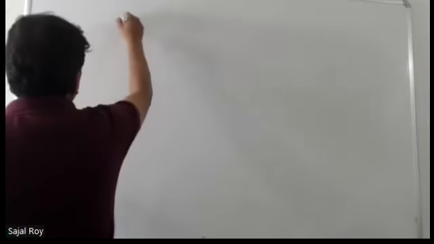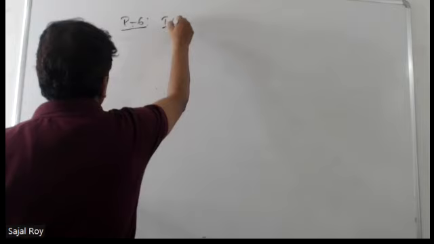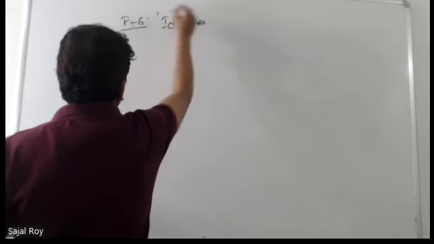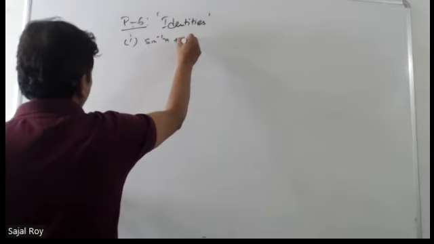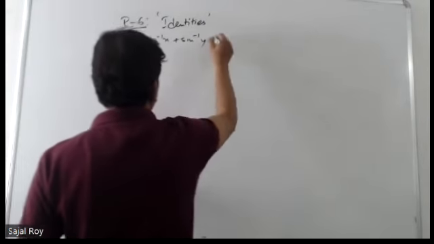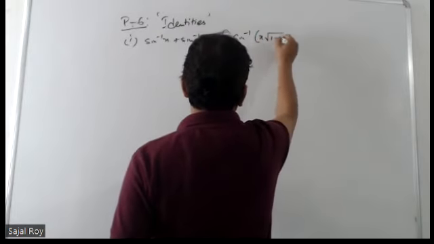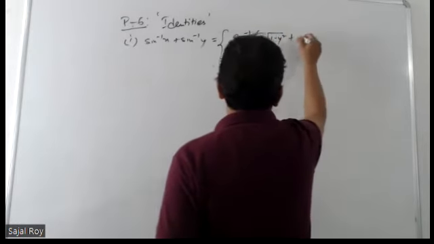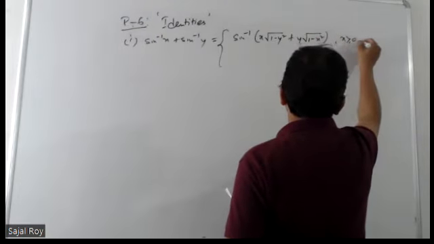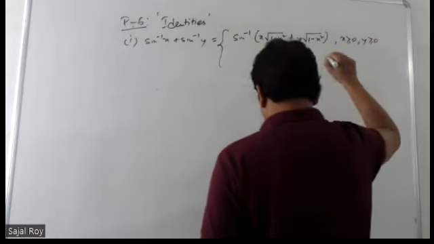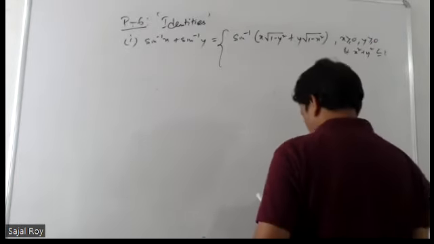So next identity or property, property 6, that is basically the identities on inverse trigonometric functions. Number 1, sin inverse x plus sin inverse y is equal to sin inverse of x into root over 1 minus y square plus y into root over 1 minus x square, for x greater than or equal to 0, y greater than or equal to 0, and x square plus y square less than or equal to 1.